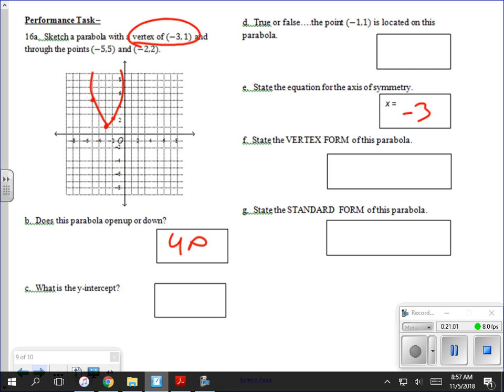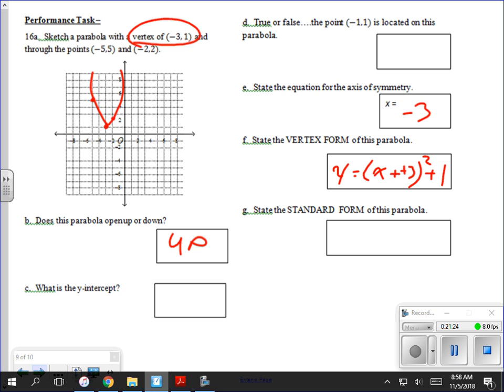F, state the vertex form of this parabola. y equals x minus the x of my vertex, squared, plus the y-coordinate of my vertex. Go ahead and change x minus negative 3 to x plus 3.